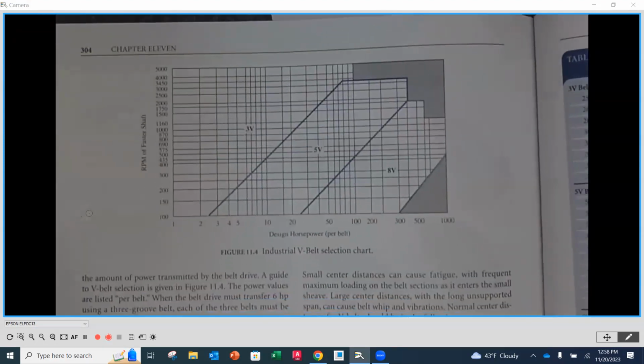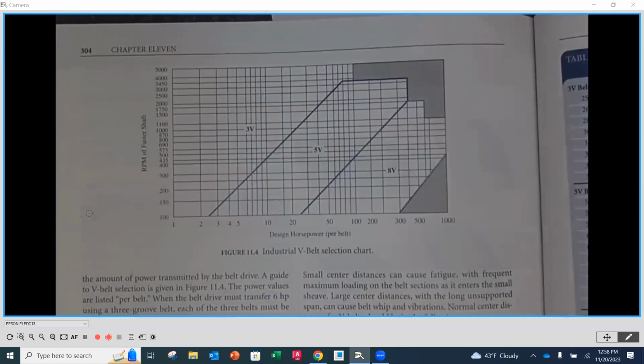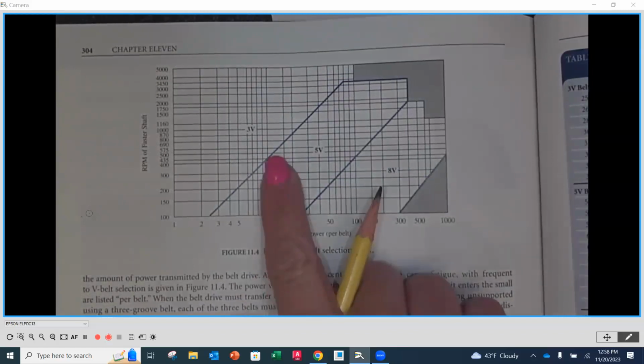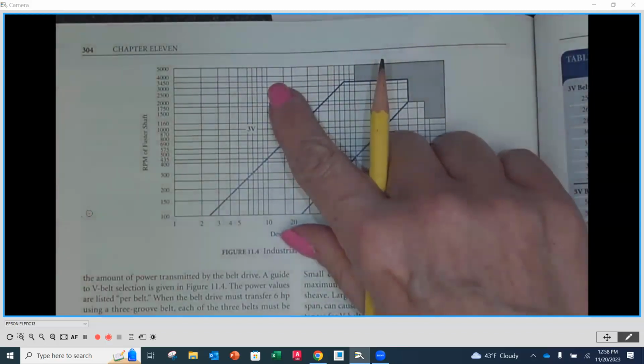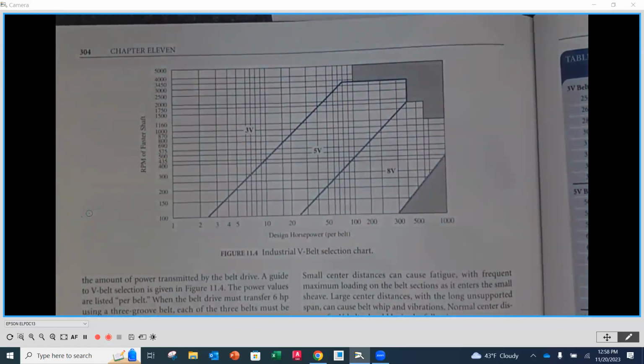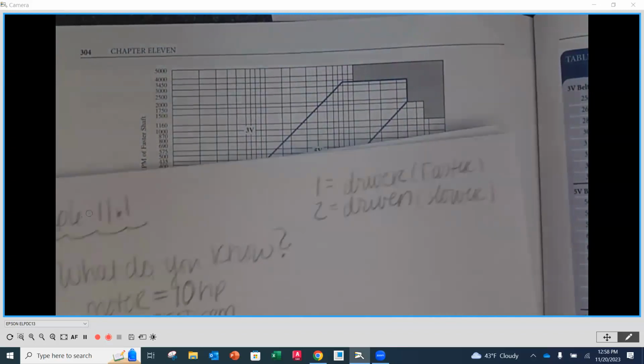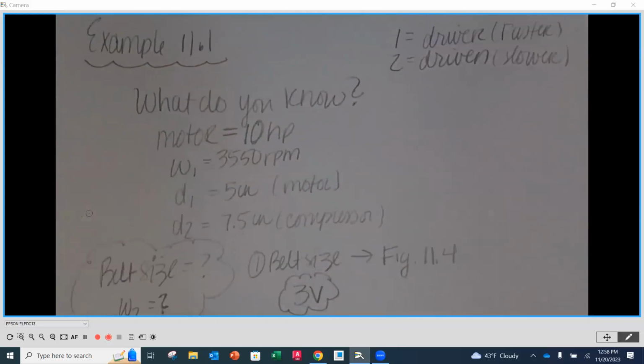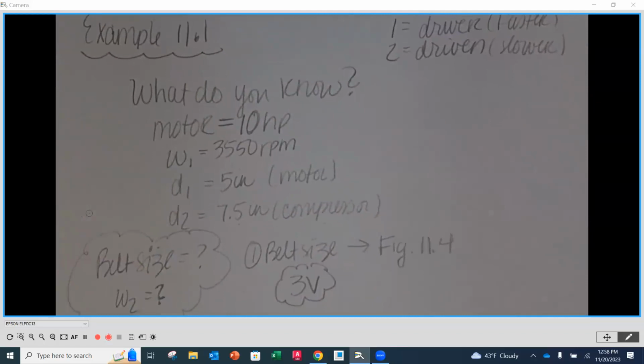So as you look at this chart, what size belt lines up there? A 3V, right? You would go to 100, until we see 3,500, and it's about there. So it's going to be right up in here is where they meet. So it is going to be a 3V. Okay, so that's going to be the answer to the belt size. That's where it lands on that chart.